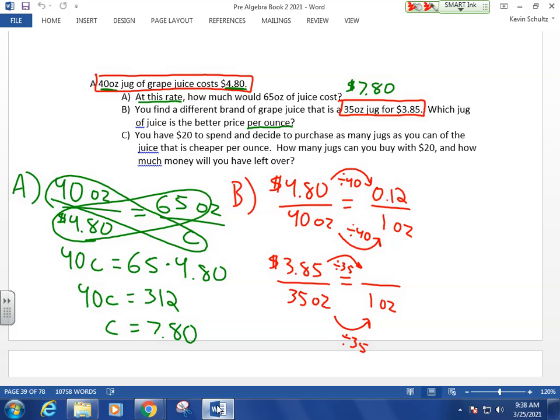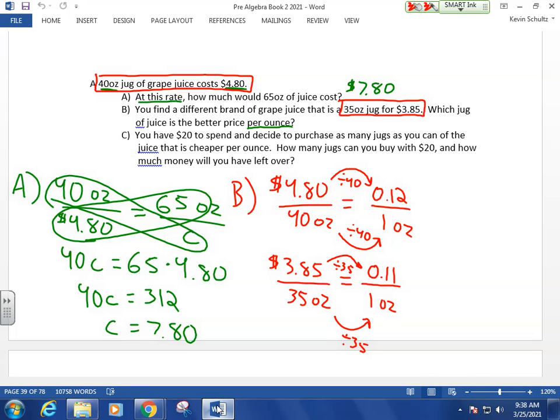And $3.85 divided by 35 is 0.11, which in context means what? John? Sorry? Oh yeah, $0.11. So our original jug is 12 cents per ounce. This one is 11 cents per ounce.